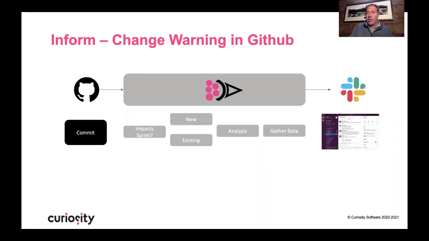With that, we'll then provide the cross analysis with the other dependent systems and gather the data together, which would then shoot it out to whatever your communication preference is. Maybe it's Slack.